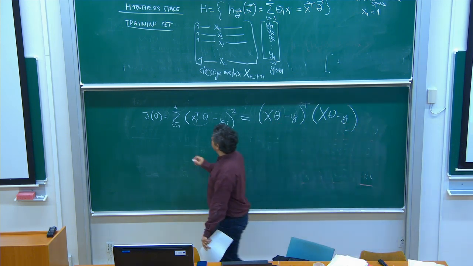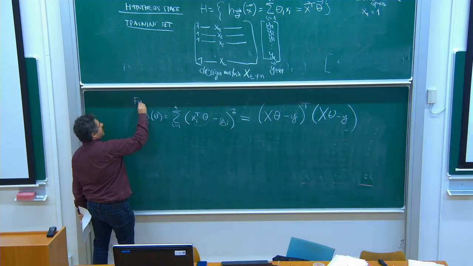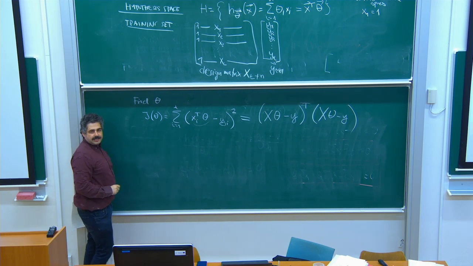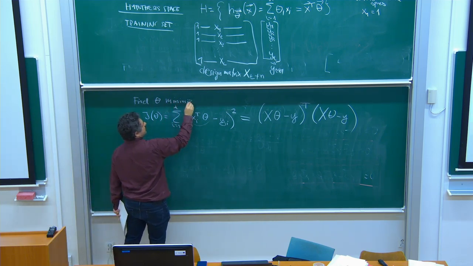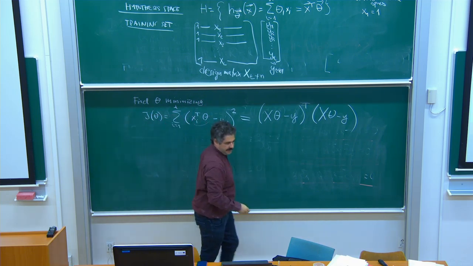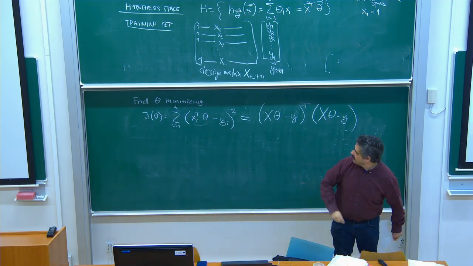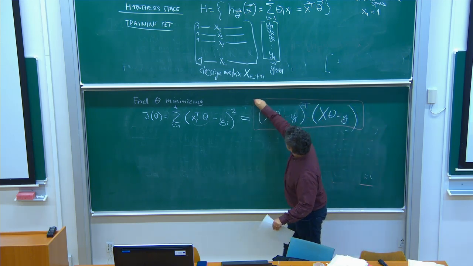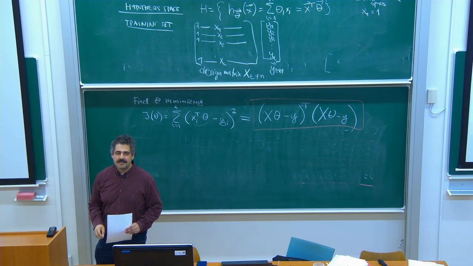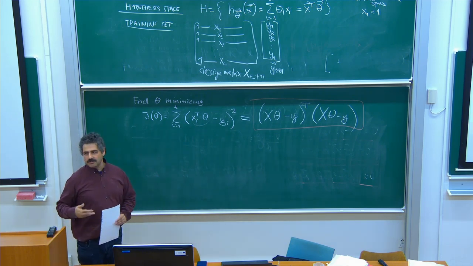And what I want is to find the vector theta that minimizes this thing. Okay, so what do I need to do next?